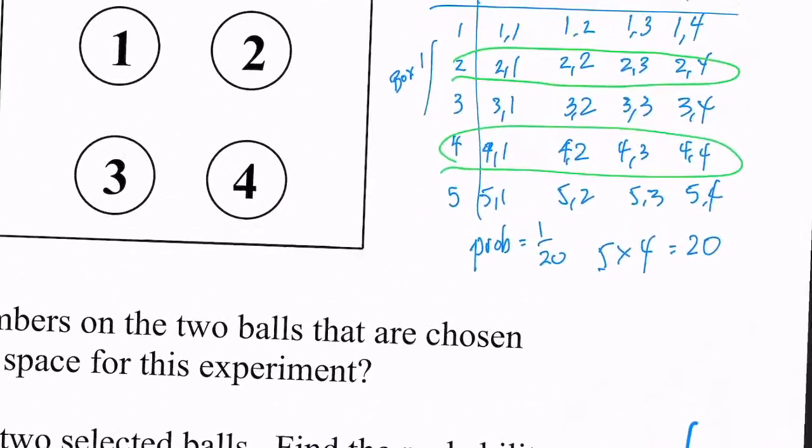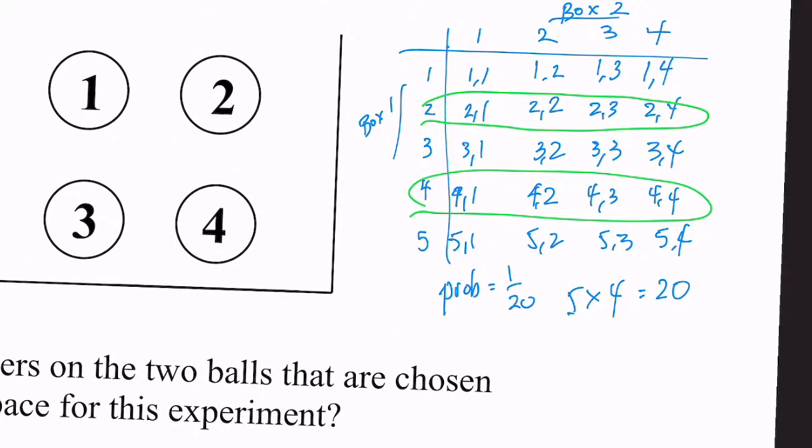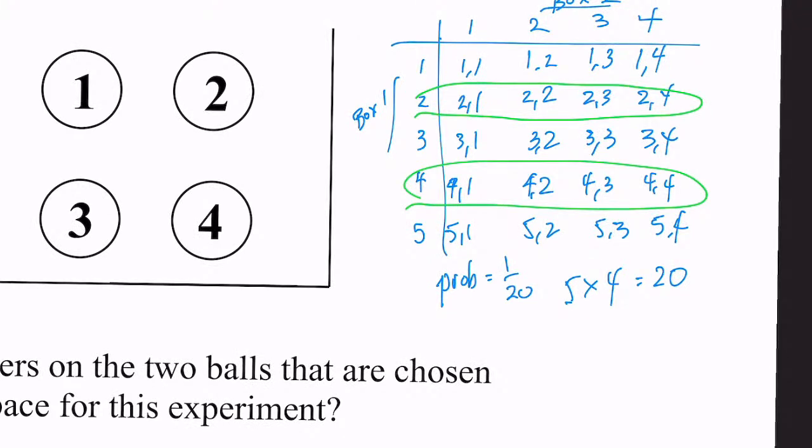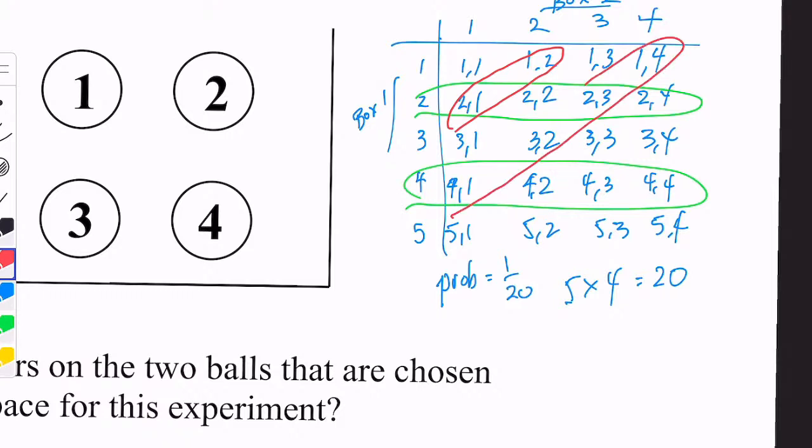So remember that was 3 and 3. The next one would be 4. The next diagonal will be 5. Sum is odd. The next diagonal would be 7, where the sum is odd. And the last one is 9. Okay, so red denotes event B, the sum is odd.